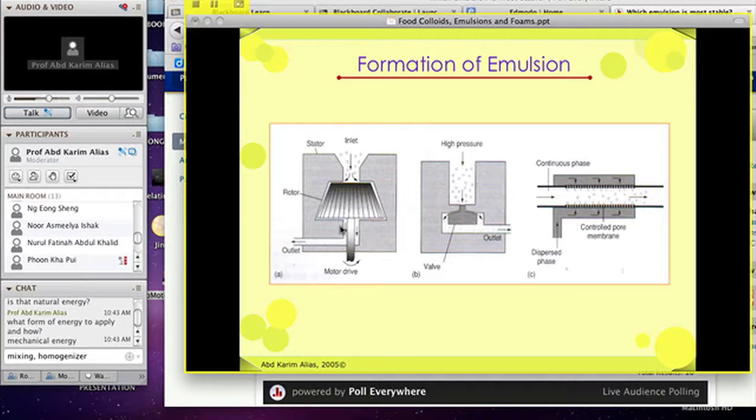Same principle here and here. So the basic principle is that the equipment must be able to apply very high shear. To get very high shear, you can use a very high speed like a high-speed mixer, or there are ways to apply very high pressure. That's the principle of how a homogenizer works.